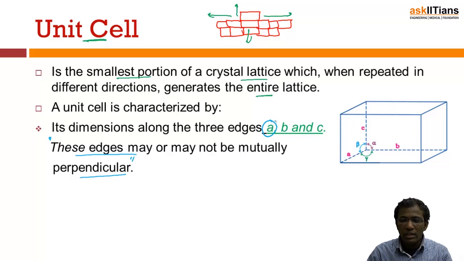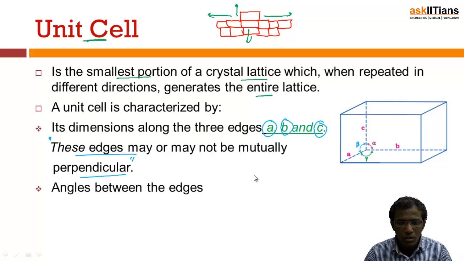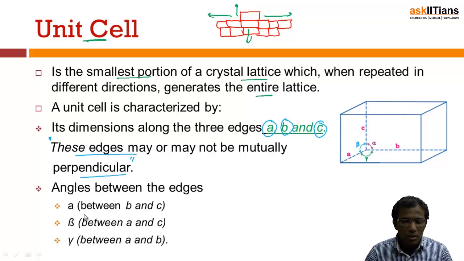So now we have three parameters. And what are the other 3 parameters? The other 3 parameters are the angles between the edges. Here, see, this is alpha.